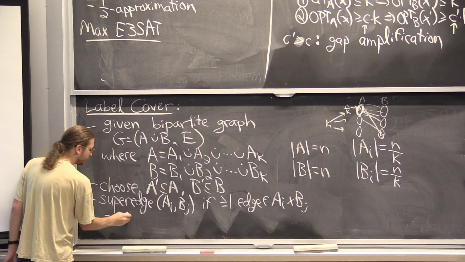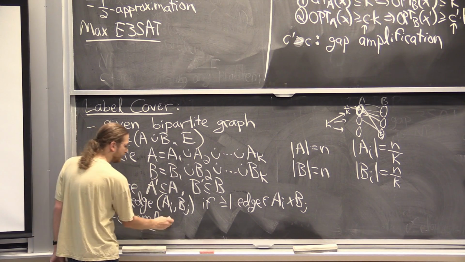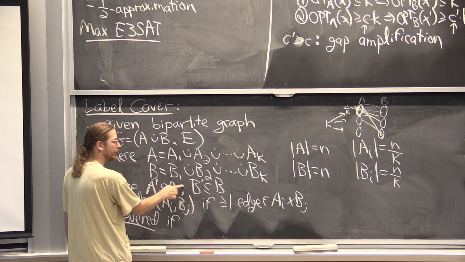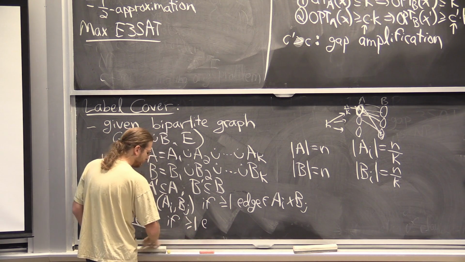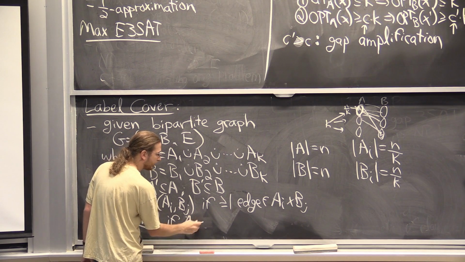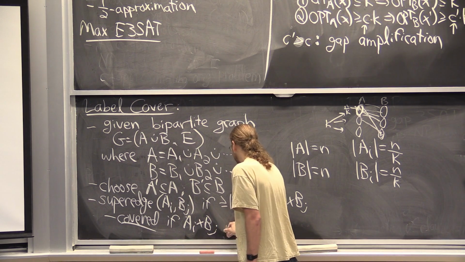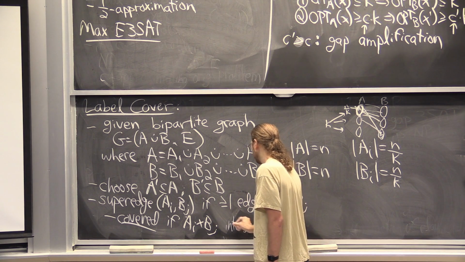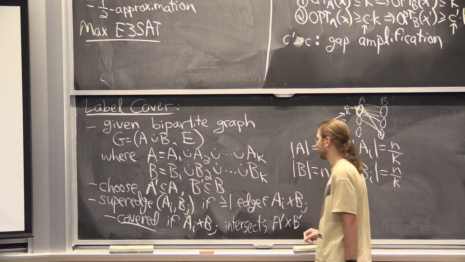And I'm going to call such a super edge covered by A prime, B prime if at least one of those edges is in this chosen set. So if this A_i cross B_j, these are all the possible edges between those groups, intersects A prime cross B prime.